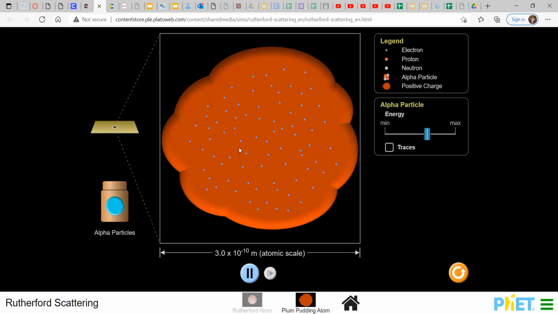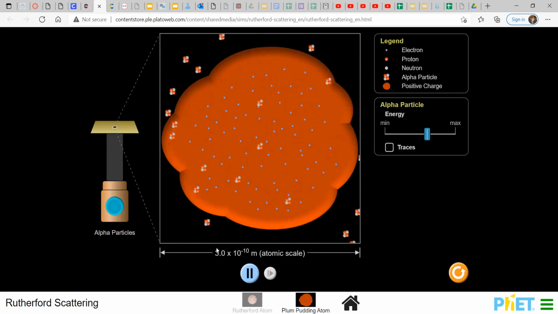So as you can see, the red cloud is the positive charge in the legend here, and these tiny ones are electrons, these tiny white, bluish, grayish on my end. But here we go. We're going to use the gun. This is the tin foil, and we're zooming in on that very small section here.